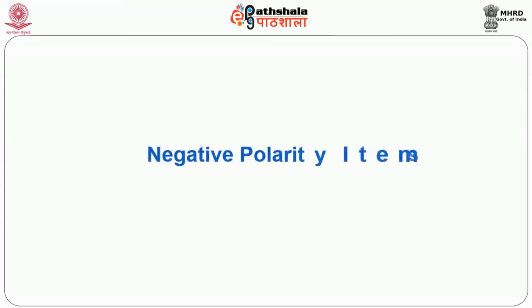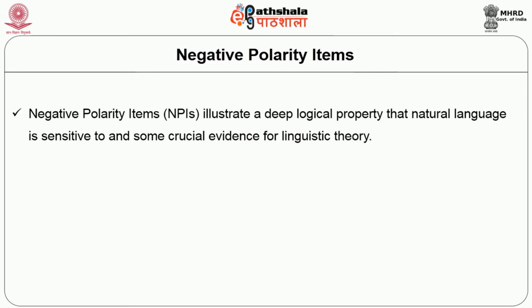A class of lexical items whose semantic investigation has concerned many linguistic semanticists over a long period of time is the class of lexical items that are called negative polarity items. Negative polarity items, called NPIs for short, illustrate a deep logical property that natural language is sensitive to and some crucial evidence for linguistic theory.